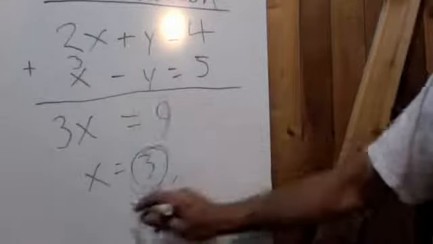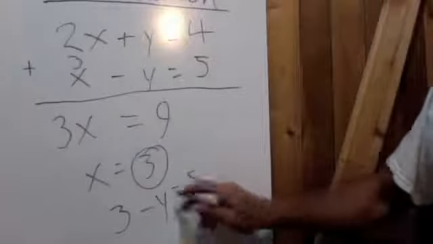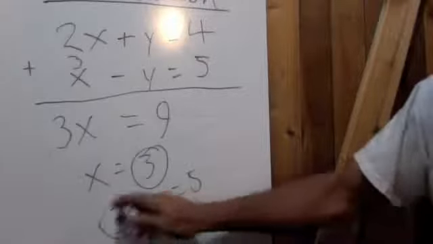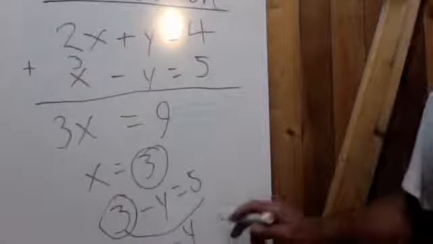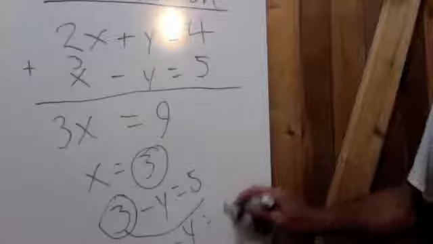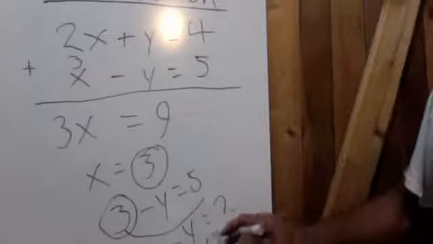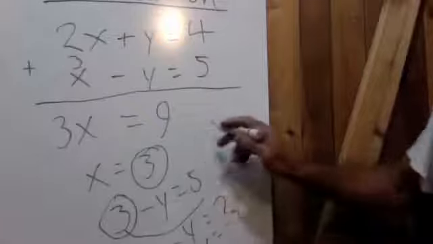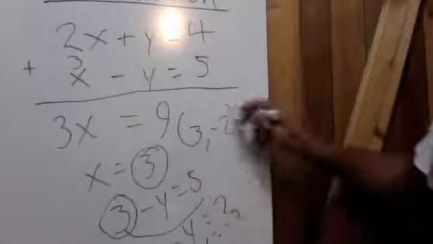So what I'm going to do, I'll just write that down here. 3 minus y equals 5. So I'm going to move the 3 over. So the opposite of y, can you still see this? Yep. Equals 2. So that means, therefore, if I divide by -1 now, y equals -2. So my point is (3, -2).